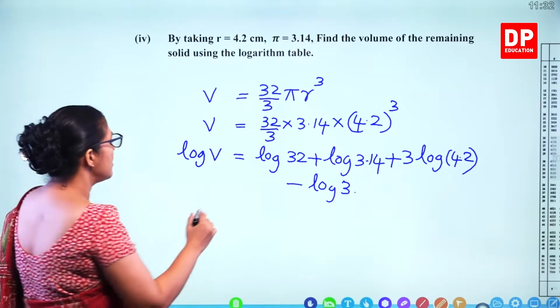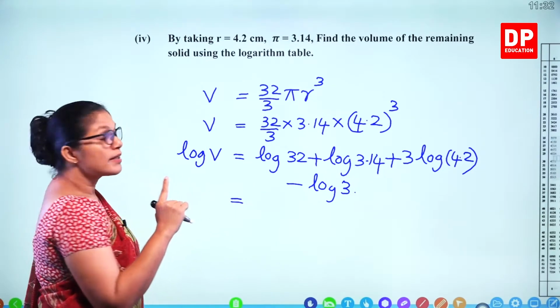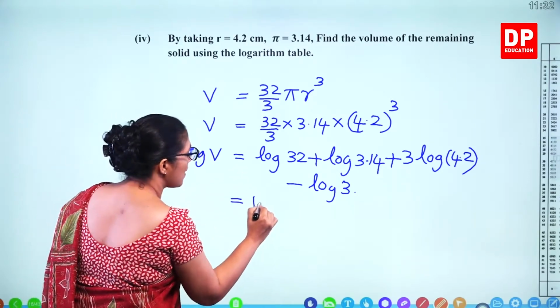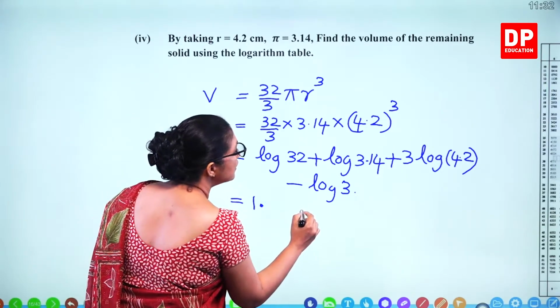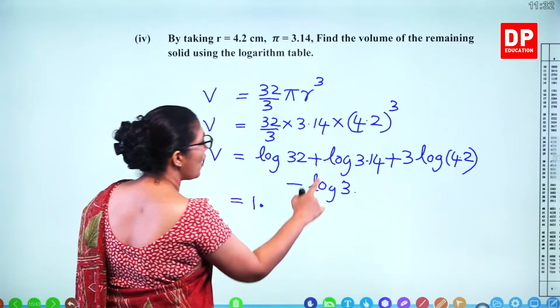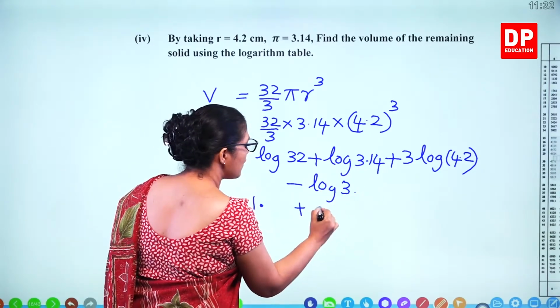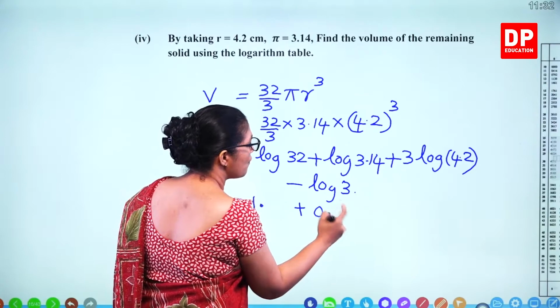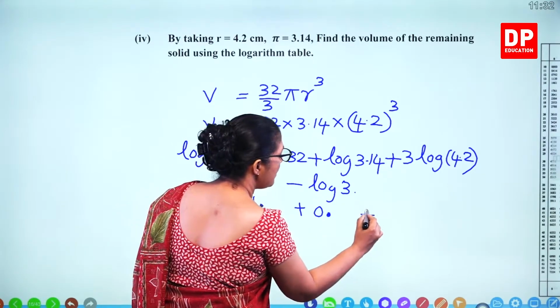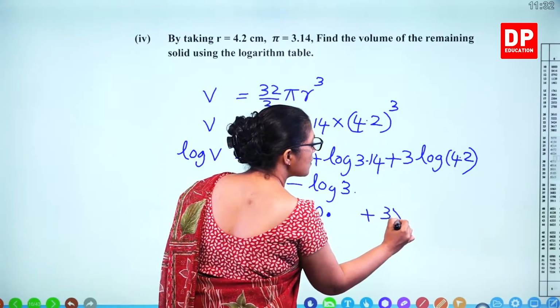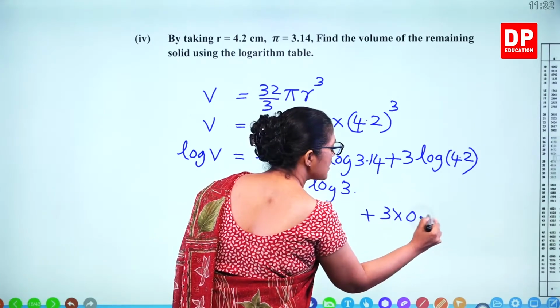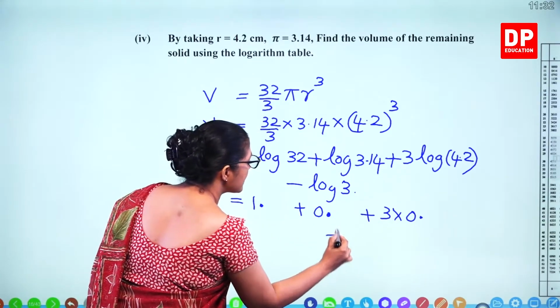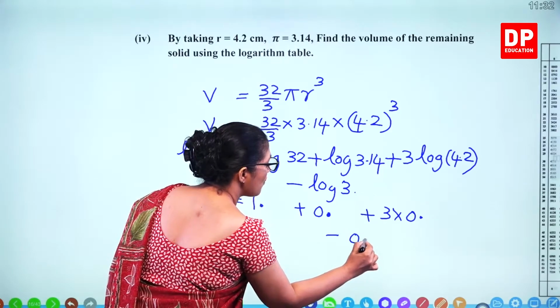So we can find out the log values. Log 32, that's 1 point something. Log 3.14, 0 point something. So we have to refer all these values and then 3 times log 4.2, again 0 point something, and minus log 3 is 0 point something.